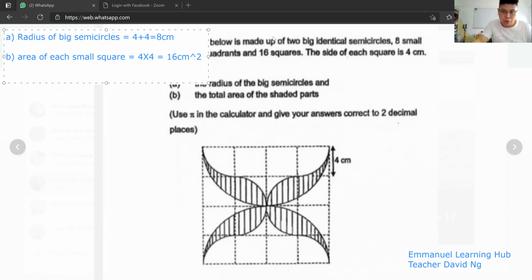Can you see where I'm going? Maybe I show in red now. Area of this quadrant, the large quadrant, this is the area.